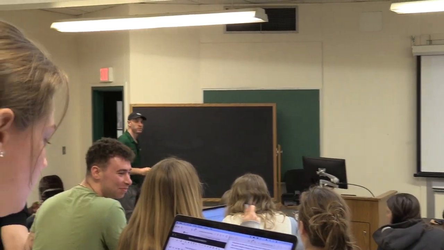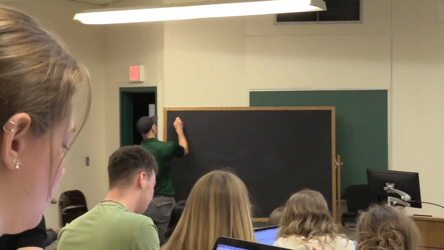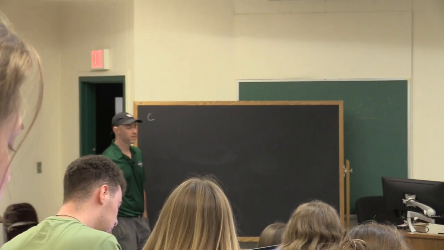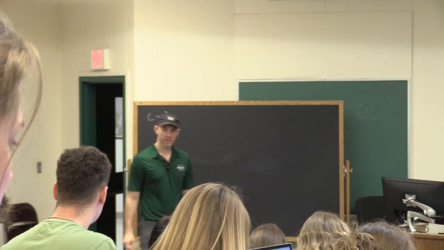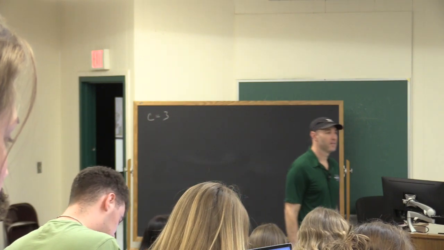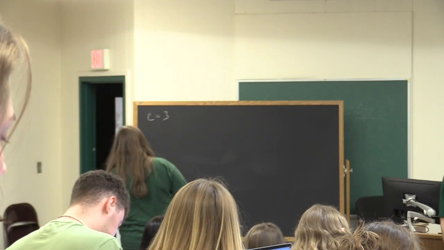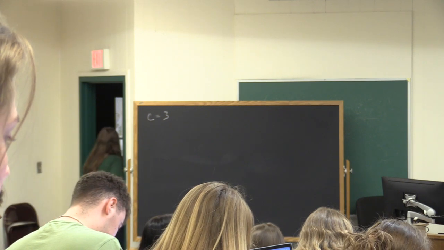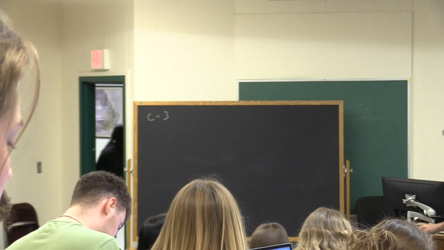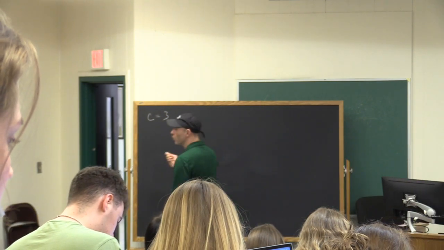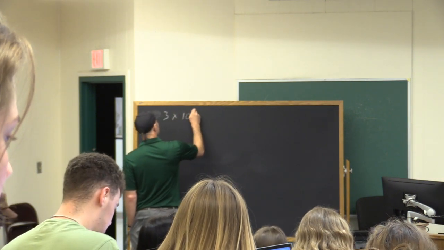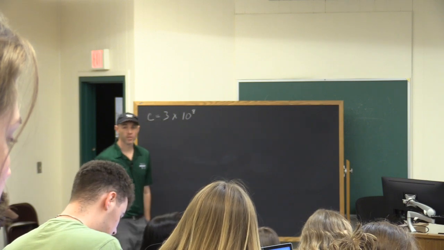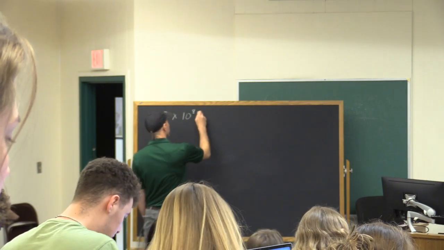So we use the lowercase letter c to represent the speed of light. The number 3 is approximately the speed of light; it's actually 2.99 something, but 3 times 10 to the 8th, in the unit meters per second.